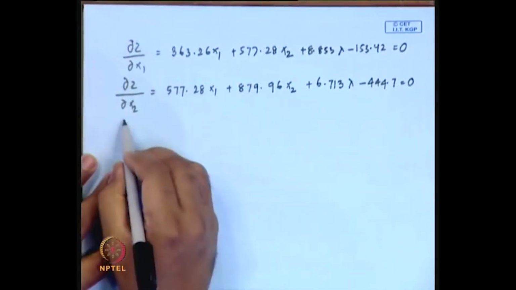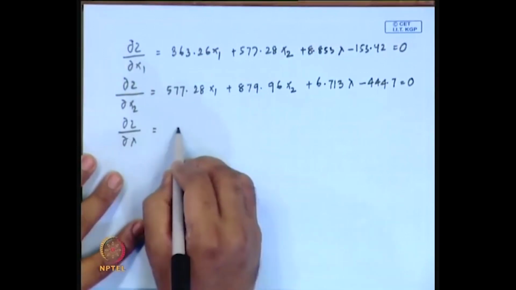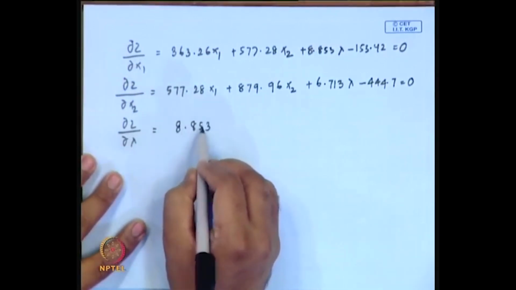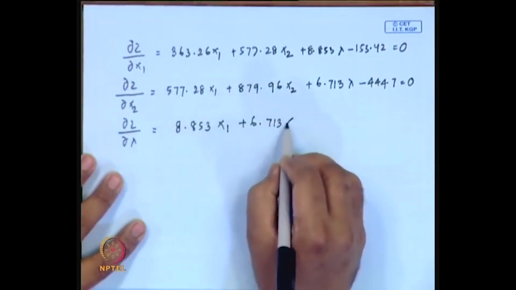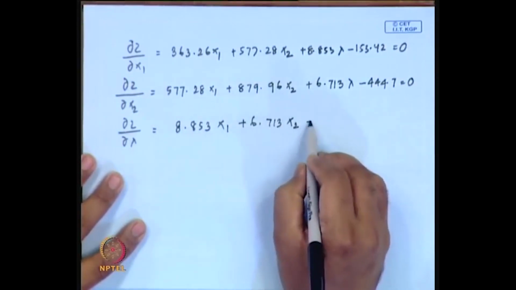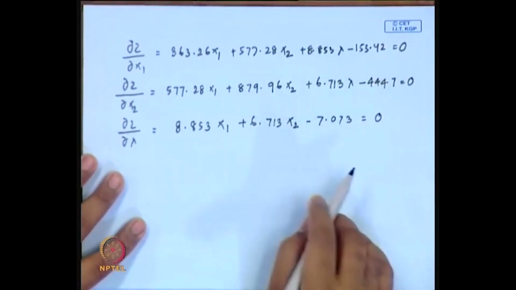Like that, delta z, that means with respect to lambda, we can find 8.853 x1 plus 6.713 x2 minus 7.073 is equal to 0.